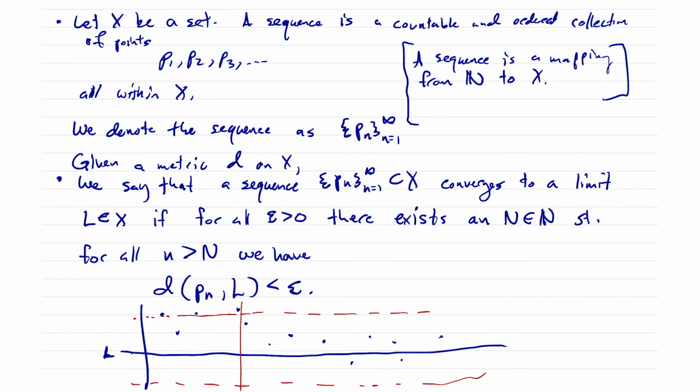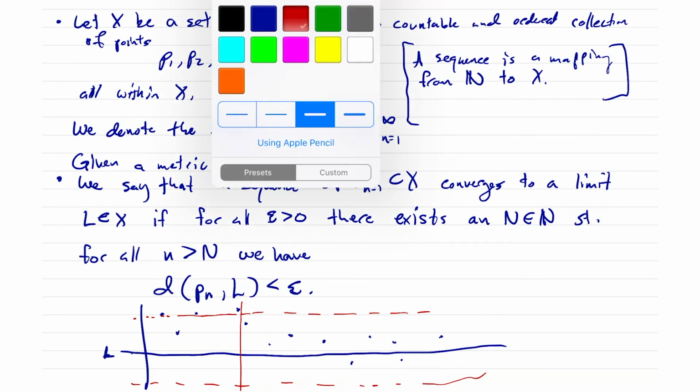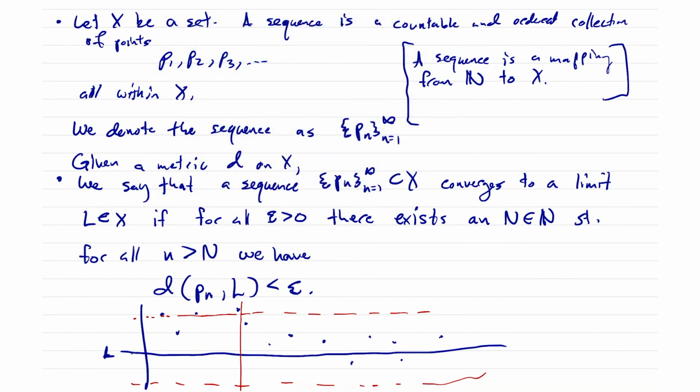But if I want it to converge, I need to be able to take these top two lines and shrink them down. So for instance, if I need to be able to find some N so that I stay within this window of L, then I would say maybe that happens after this point.